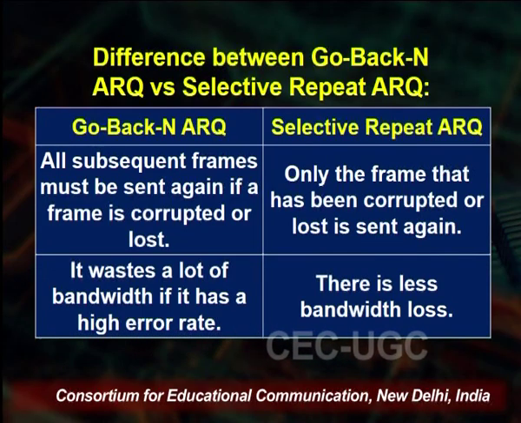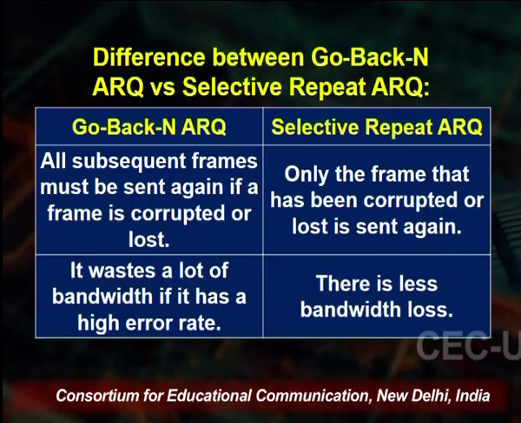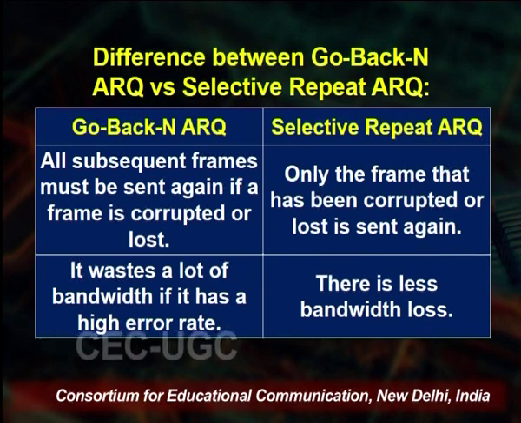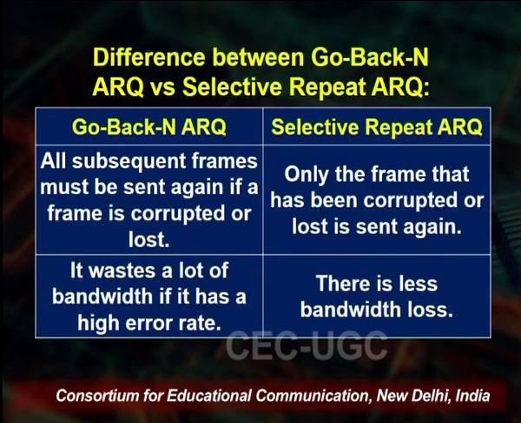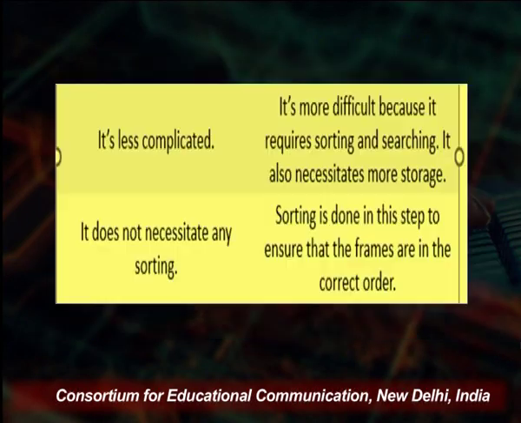In Selective Repeat ARQ, only the frame that has been corrupted or lost is sent again. Go Back N ARQ wastes a lot of bandwidth in case of a higher error rate, while there is less bandwidth loss in case of selective repeat.